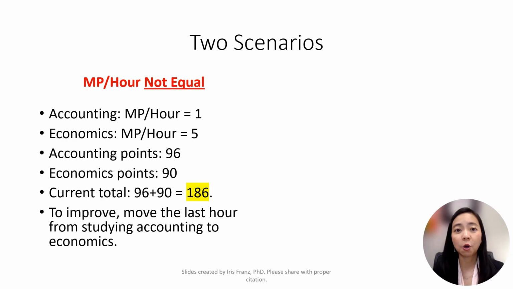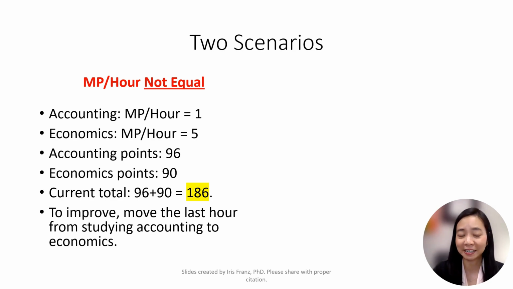Suppose you already use all the time available to study. When you have time, you're studying, not gaming or partying. However, your marginal point per studying hour is not equal across these two subjects. In particular, you know accounting inside and out, but you are not that familiar with the material in economics.